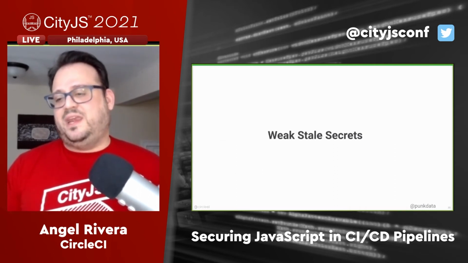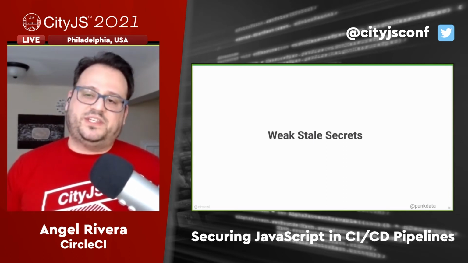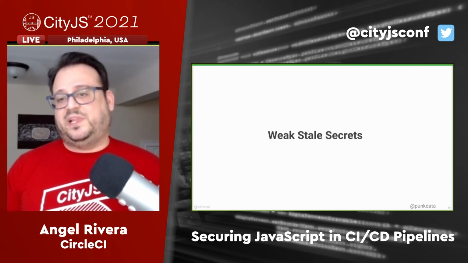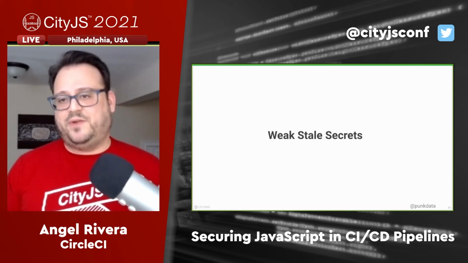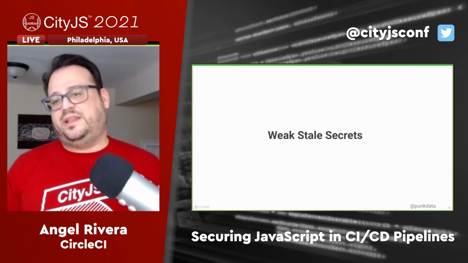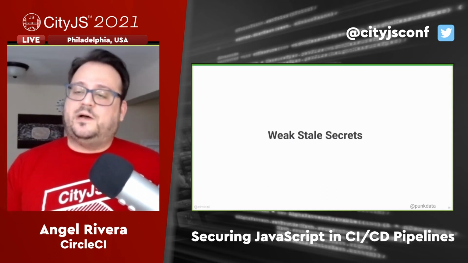So one of the main problems that I see with pipeline integrations within the CI/CD platforms, and by the way, this kind of plagues a lot of platforms. There's a wide range of CI/CD platforms and tooling out there, and they all kind of suffer from the same issues that I'm describing here.